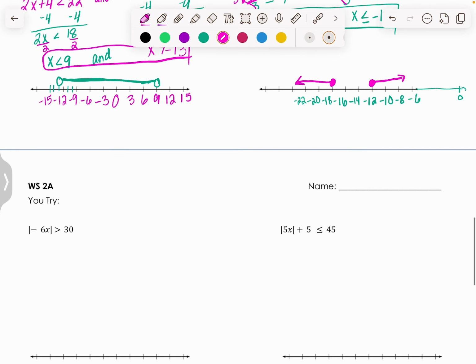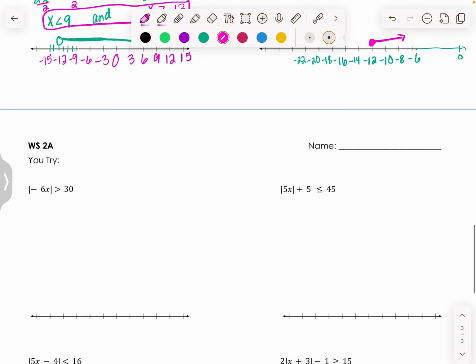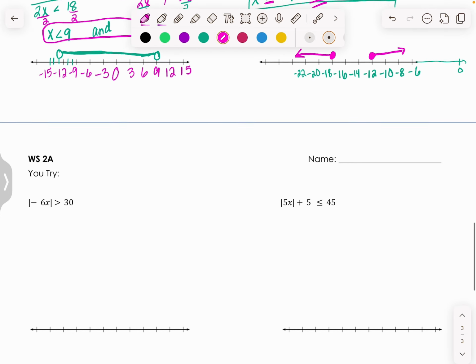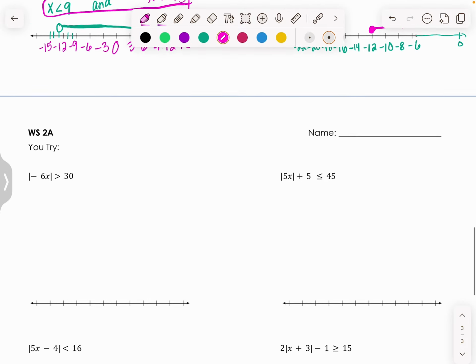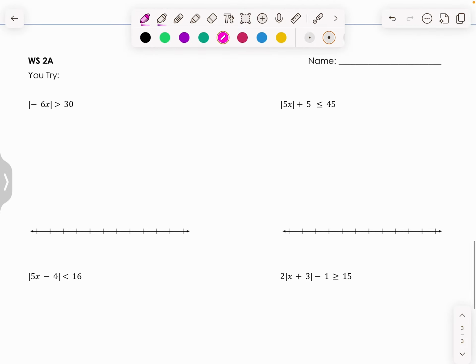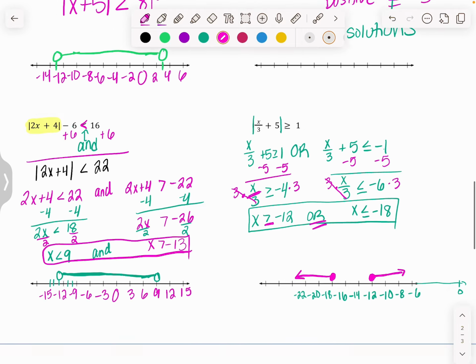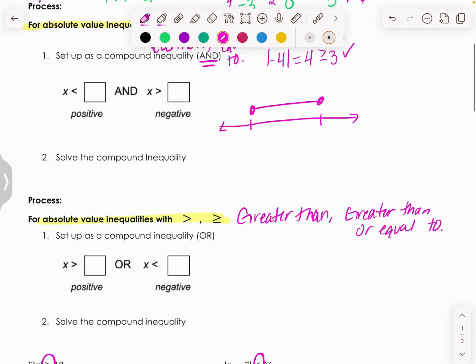One more thing to remember is that when you multiply or divide an inequality by a negative, you're going to have to flip the inequality. So I'll get you started with just the first one because I really want you to remember this from before. So you're going to start, it's greater than, and if you don't remember, you're going to go back to the front side of your note sheet and look at this piece right here.